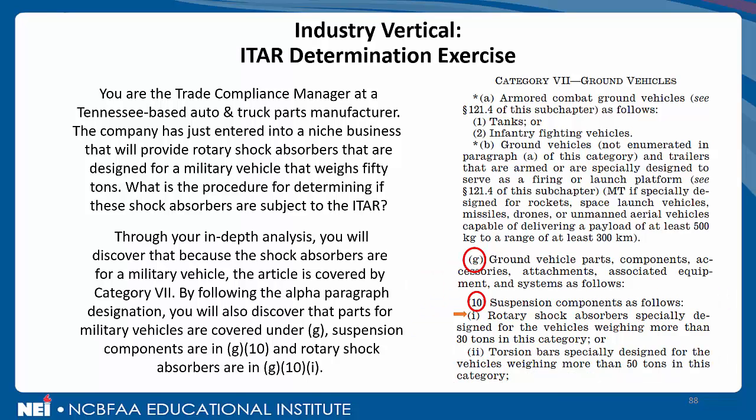Well, our vehicle, or at least the vehicle we're selling parts for, weighs 50 tons. So you can see we are indeed in the right category, covered under letter G. Suspension components are in G10, and rotary shock absorbers are in G10(i). So a good example of an industry that might not seem like it has USML applications, but because an article is specially designed, it actually does. So a good example there.